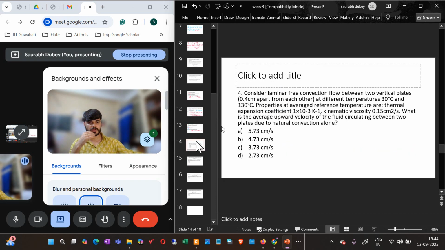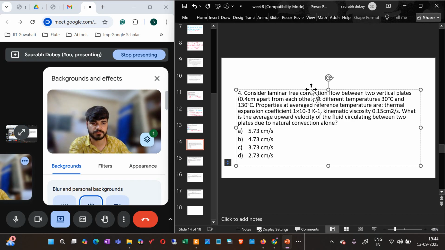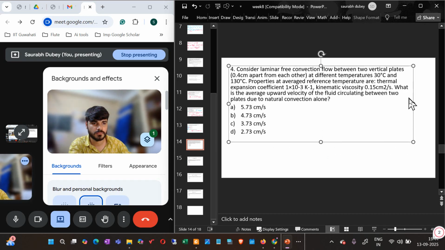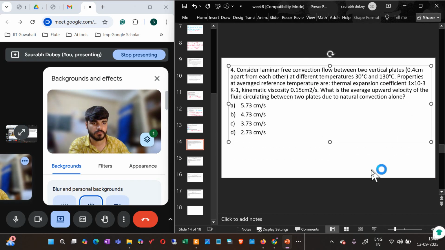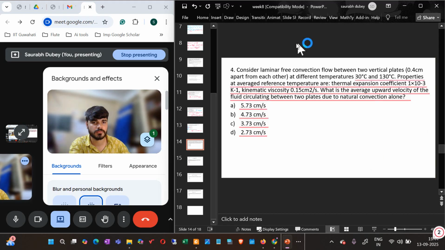Okay. Now coming to the next problem. Consider laminar free convection flow between the two vertical plates. So here you are having this 0.4 centimeter apart from each other.